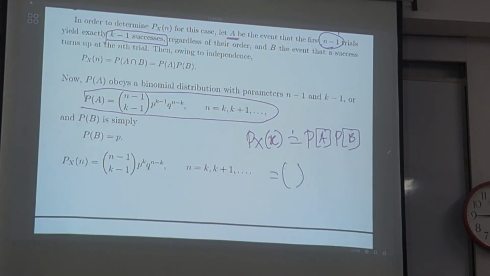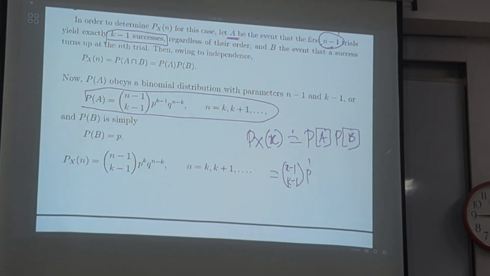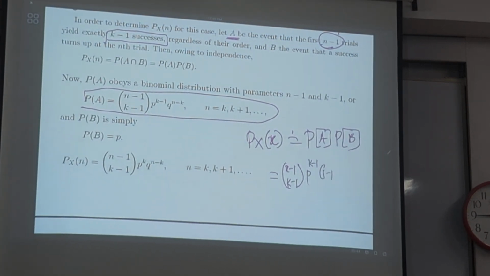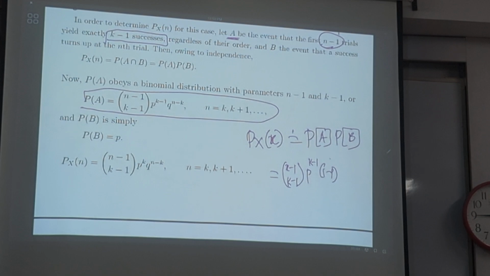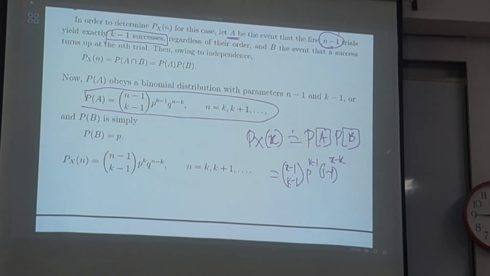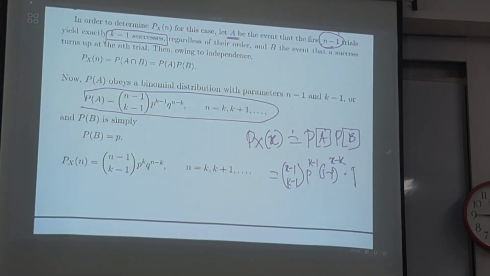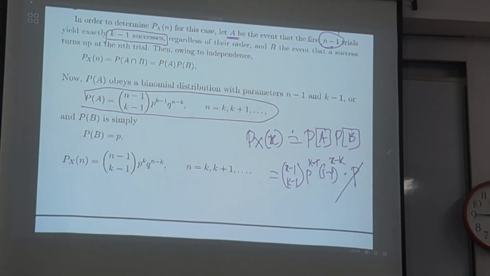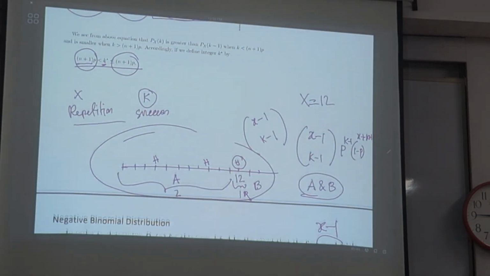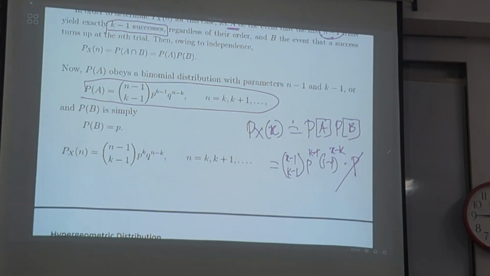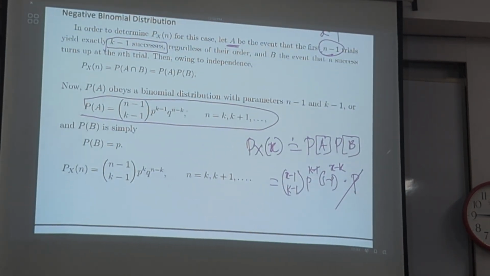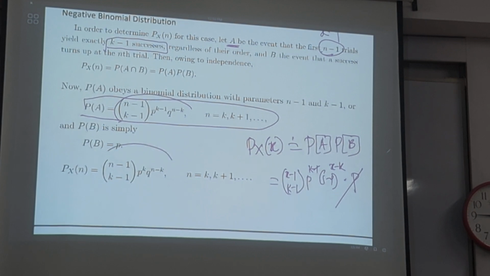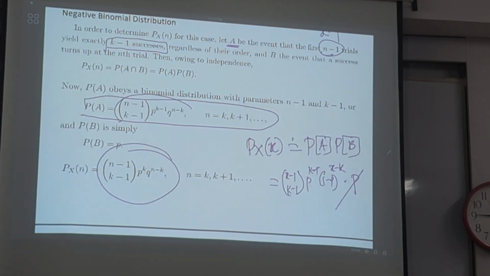It is x minus 1 choose k minus 1, p to the power k minus 1, times 1 minus p to the power x minus k. And what is the probability of B? It is p, so this p actually combines with the other, and finally the PMF will be this one.